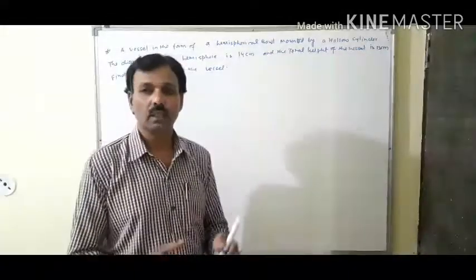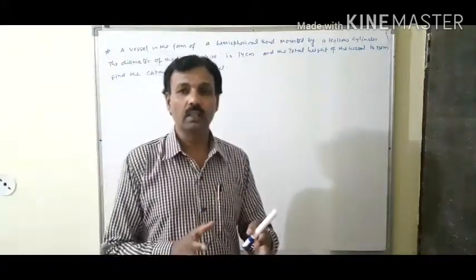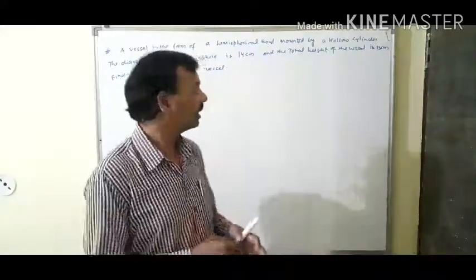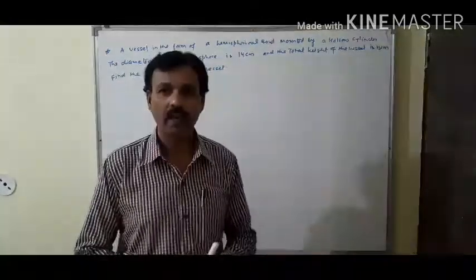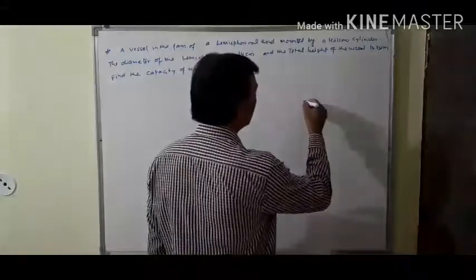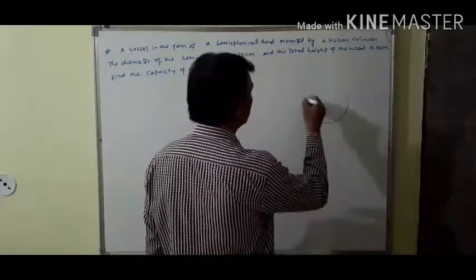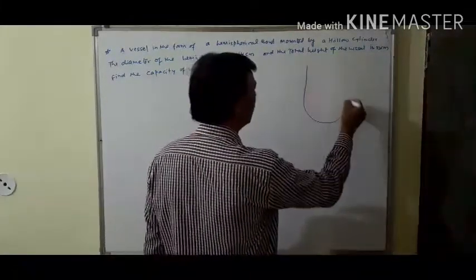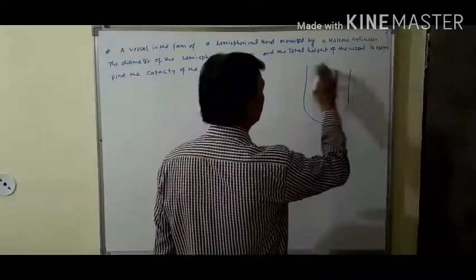That means the vessel's bottom is in the shape of a hemisphere and the top is in cylindrical form, like this. Bottom is in the shape of a hemisphere and top is in the shape of a cylinder.